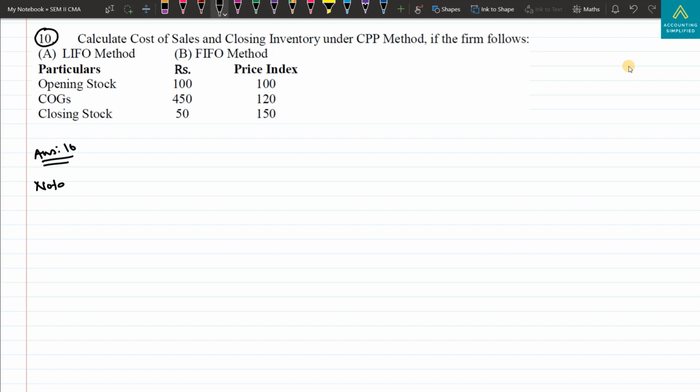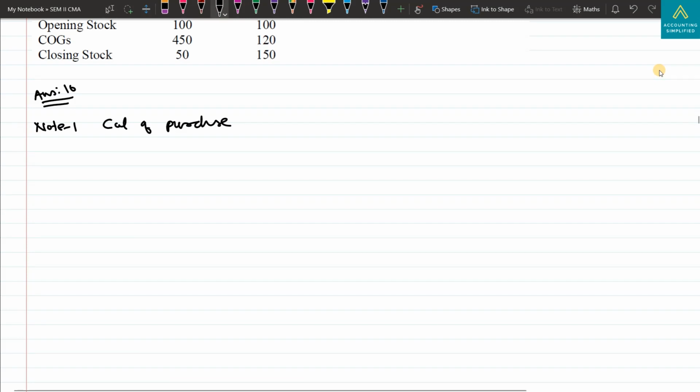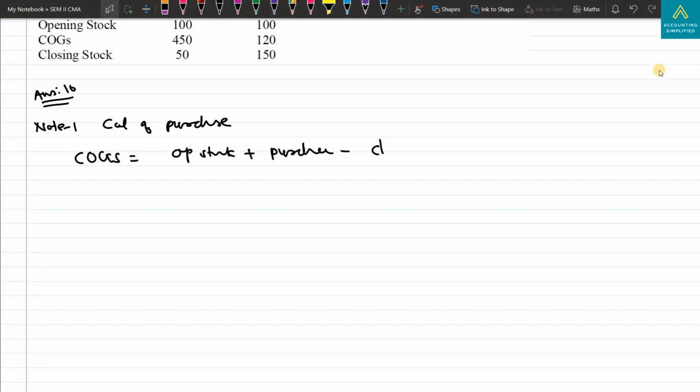Note number 1. Note 1 is calculation of purchase, right? Calculation of purchase. So for that we need to write down formula. Cost of goods sold, COGS, is equal to opening stock plus purchase minus closing stock. This we can use safely.